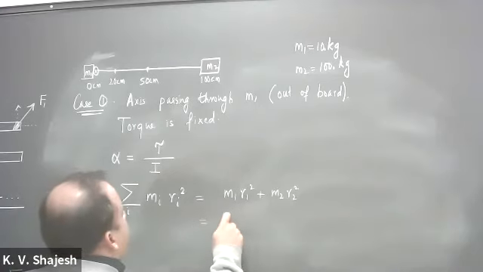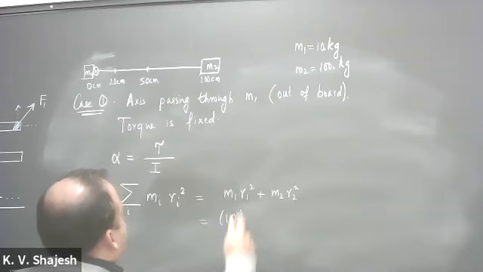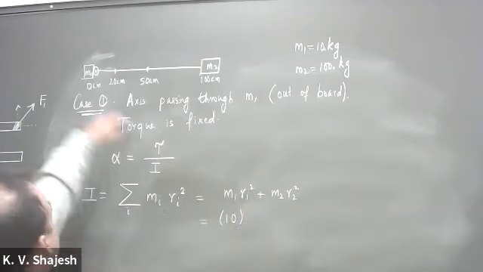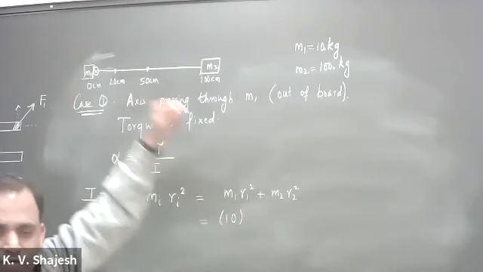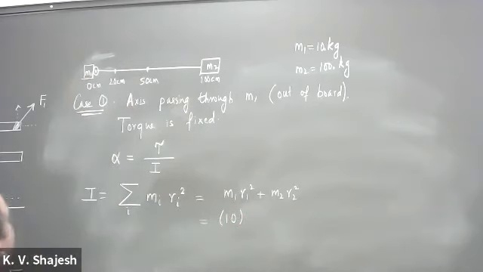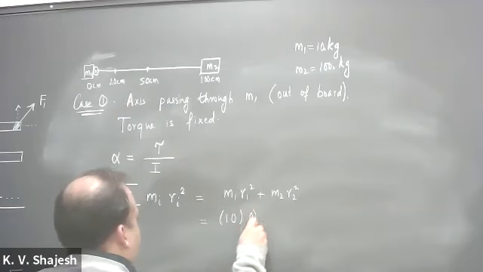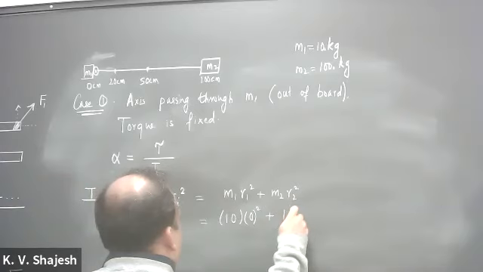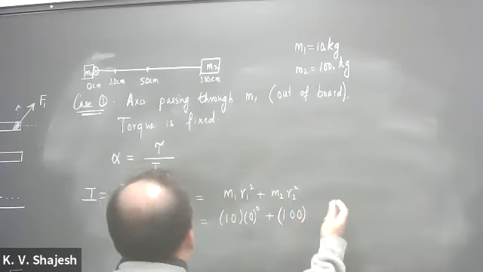M1 is 10 kg, but what's the distance? R1 is the distance from the axis. The axis is at the position of M1 itself. The distance between M1 and the axis will be 0. So that's 0 squared, plus M2, which is 100 kg, times R2.